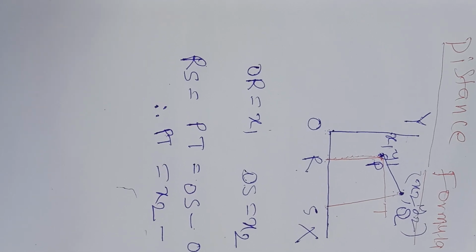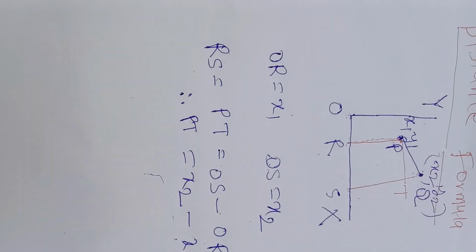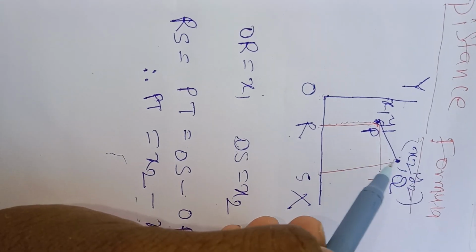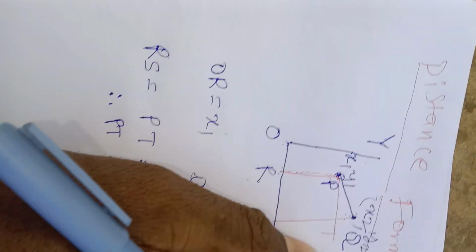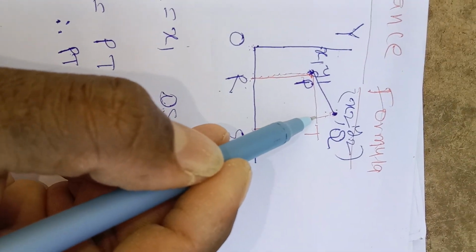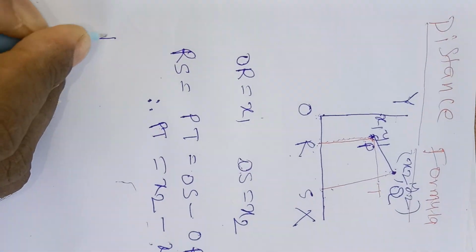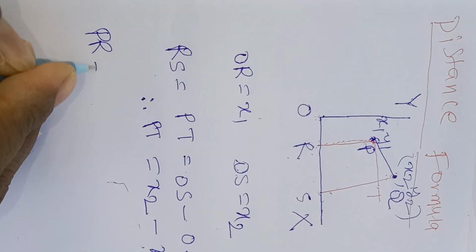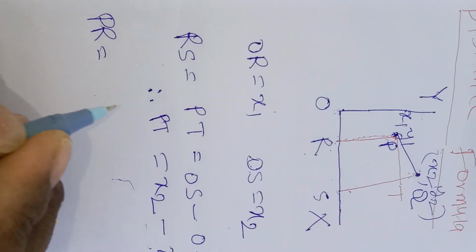Similarly, we have to find QT. This distance, we have to find the QT distance. From the graph, PR distance is equal to TS.